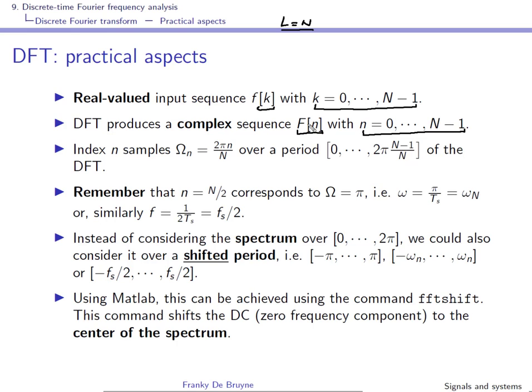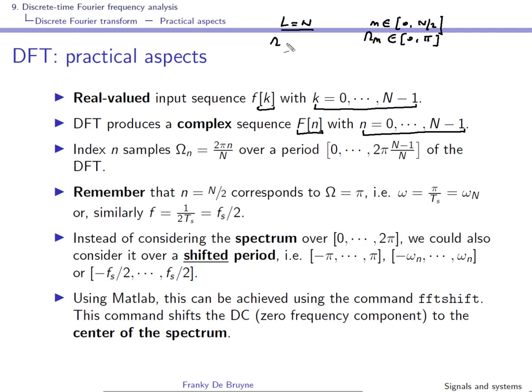It will be indexed by n, but n is not very interesting. We would like to relate this n to frequencies. We've seen previously that if n ranges from 0 to N over 2, the number of data over 2, then the discrete frequency that has been sampled, expressed here in radians, ranges from 0 to pi.